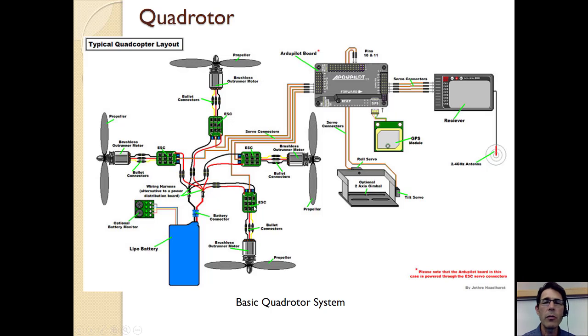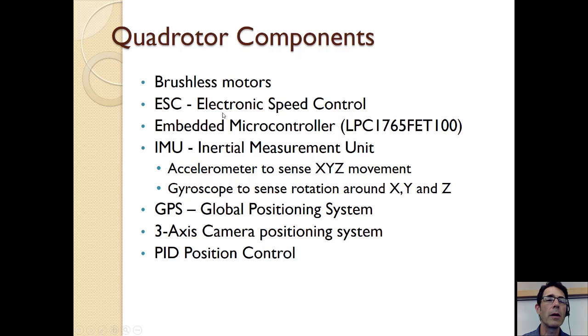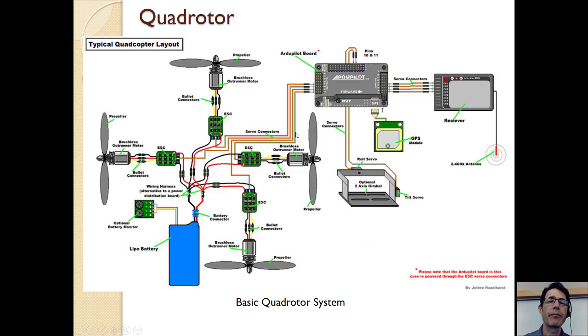So a huge part of this system is, where is it? I'm just looking for it. Somewhere on this system, I think I have a name for it. Yeah, an IMU, inertial measurement unit. What that does is measure whether the Quadrotor is tipped, whether it's accelerating up or down.